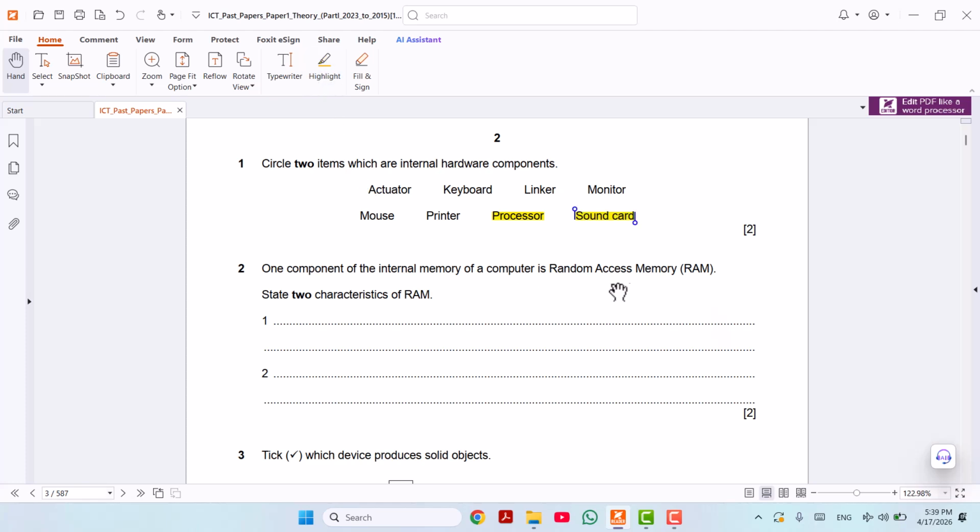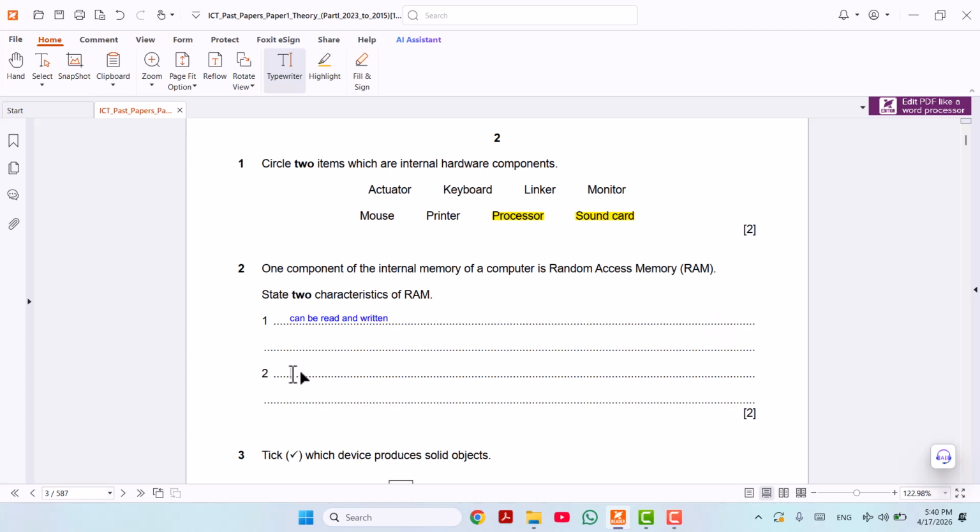Okay, so number 2, one component of internal memory, random access memory. He needs us to state two characteristics of RAM. RAM and ROM are types of internal memory. RAM is random access memory, ROM is read-only memory. The first characteristic of RAM is that it can be read and written, while ROM cannot be written.